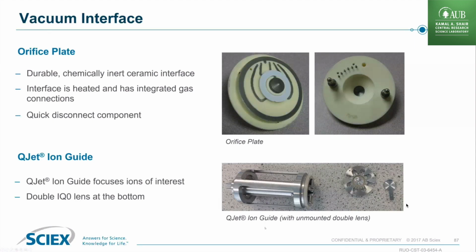And then here's a picture of the Q-jet. So this is an ion guide. This part of the Q-jet sits right here behind the orifice and just takes the ions through it like this, and then to the Q0 and then to the Q1 and so on.